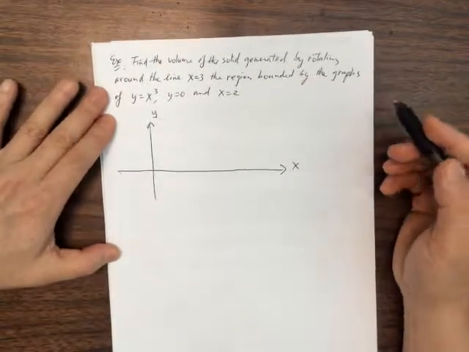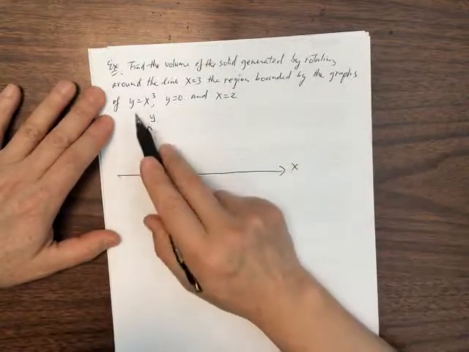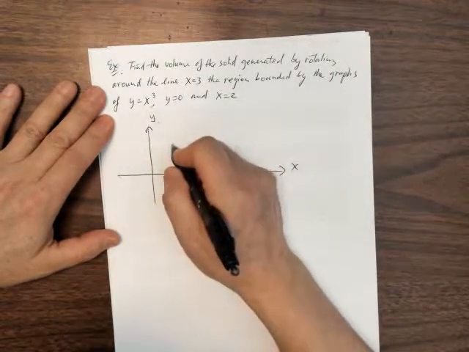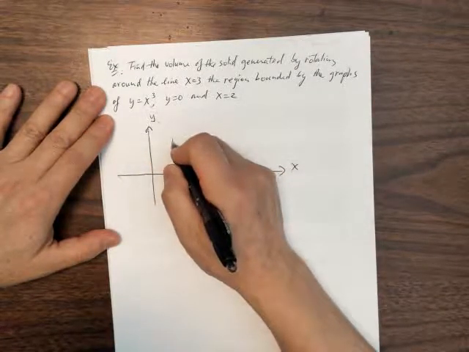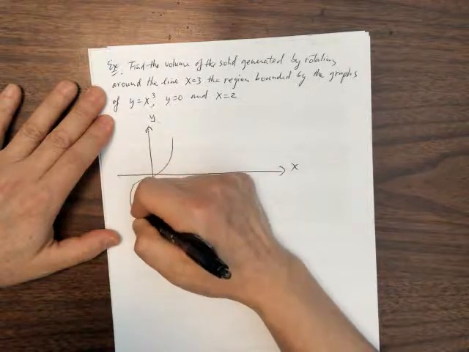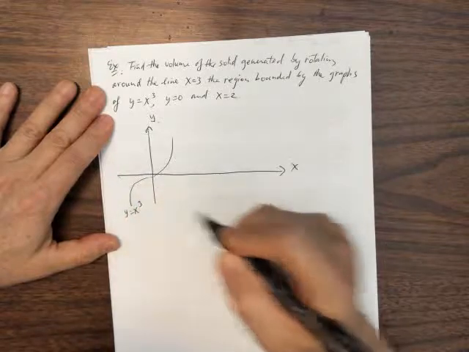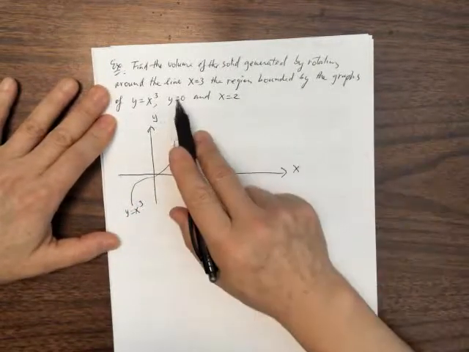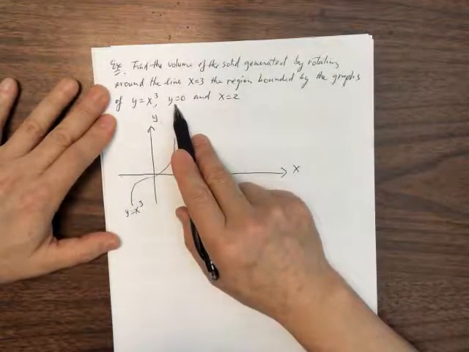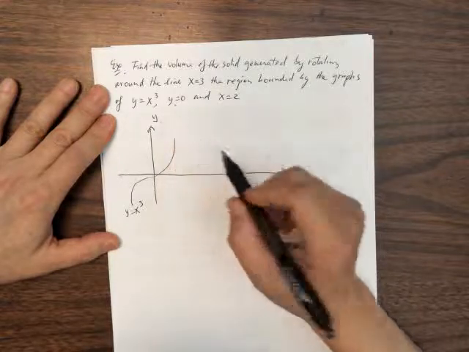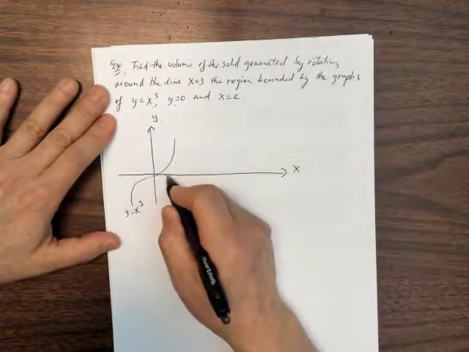So let's start to graph. Y equal to x to the third power is a curve like this. Y equal to 0 is the x-axis.